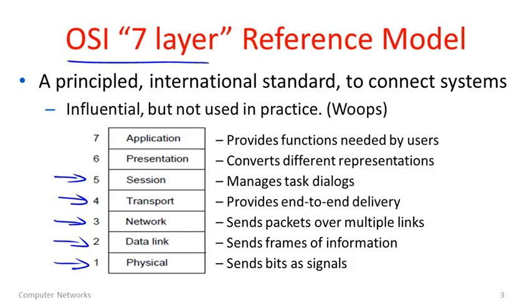On top of this, then, are another couple of layers that are a little different. The session layer manages task dialogues, it says here. What that really means is bringing together many different components that are used in a related way together, so that they can be manipulated as one. For instance, an application might use many different connections across the network, all in service of the single application.